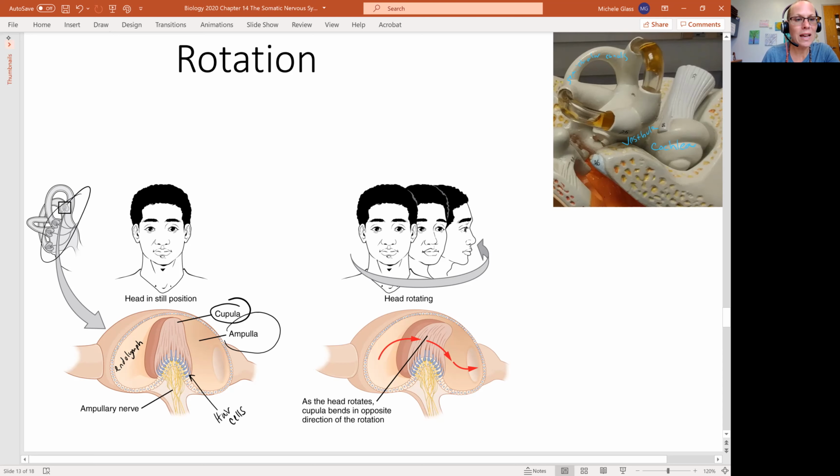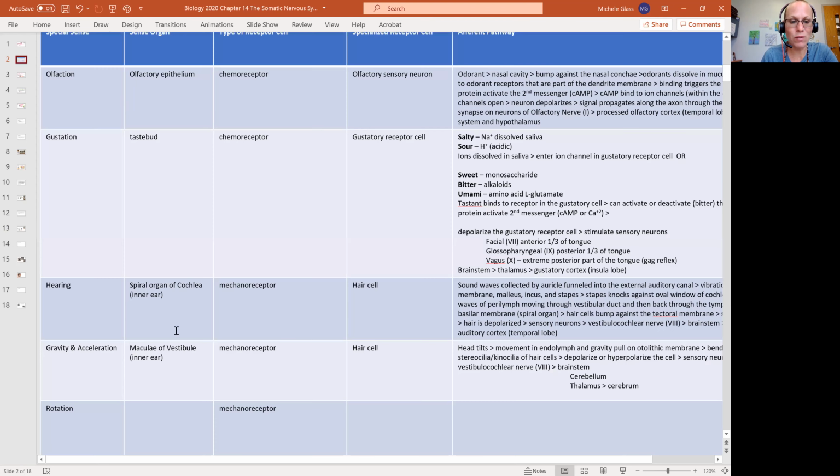If we go ahead up to our chart that we've been filling in, when we look at rotation, I think here I'm going to say the ampullae of the semicircular canals. And remember, that's in the inner ear.